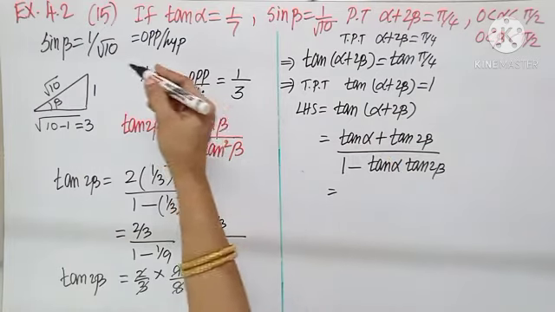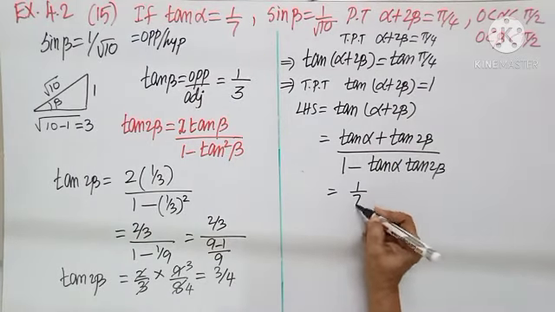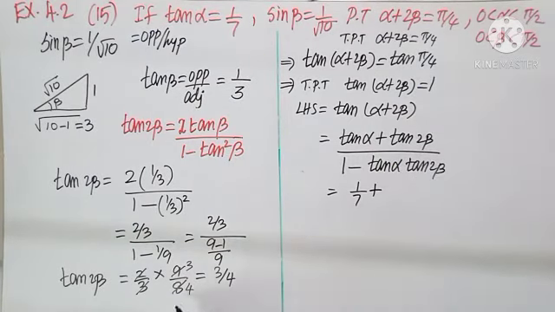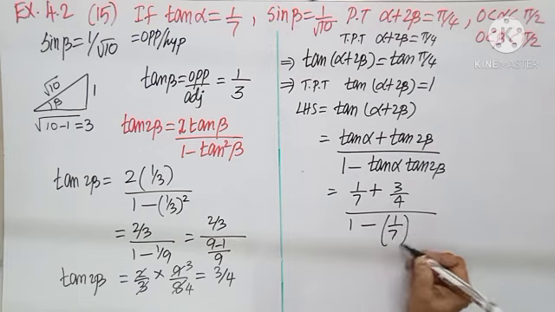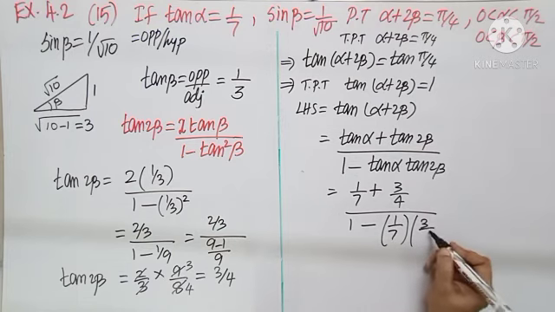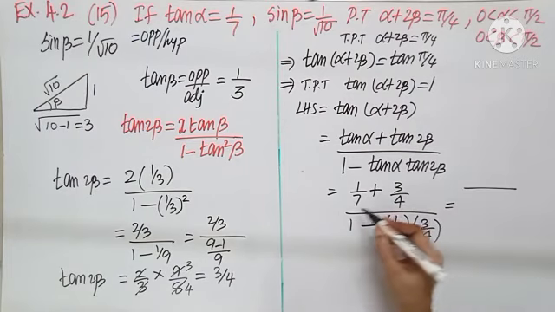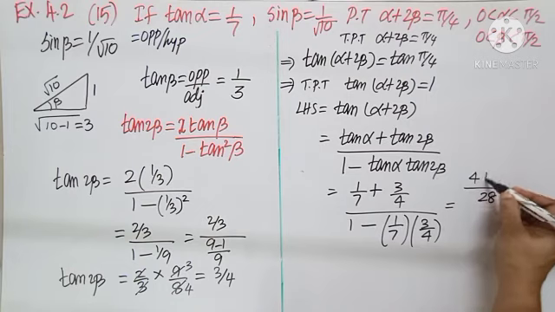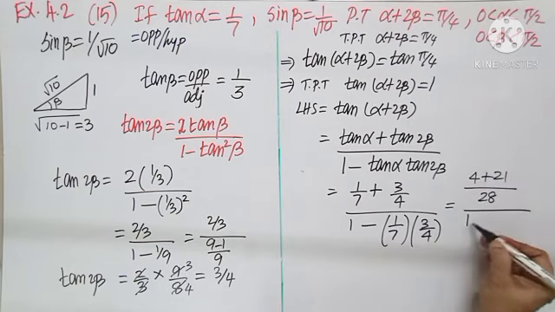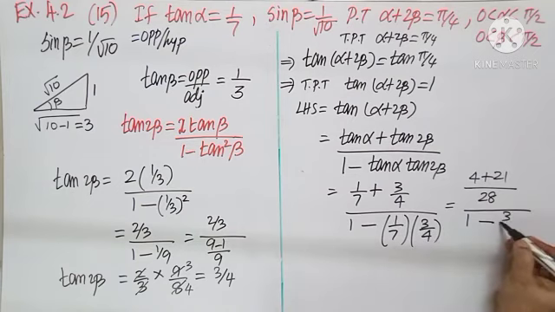What is tan alpha? It is 1 by 7. Tan 2 beta from this step is 3 by 4, by 1 minus tan alpha is 1 by 7, tan 2 beta is 3 by 4. Taking LCM 4 into 7, 28, cross multiply: 4 plus 21 divided by 1 minus, 1 3s are 3, 4 7s are 28.